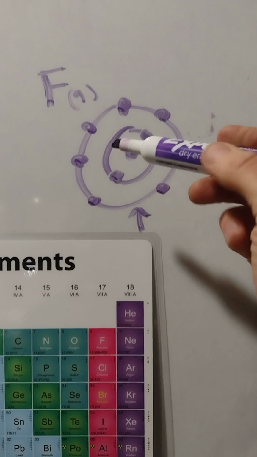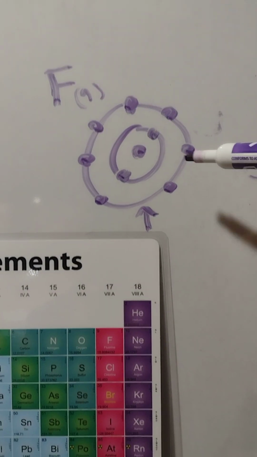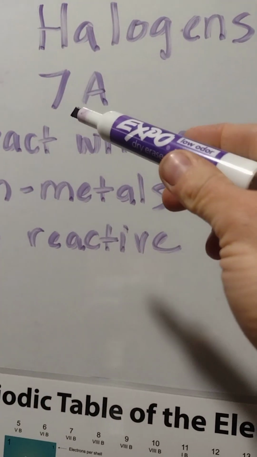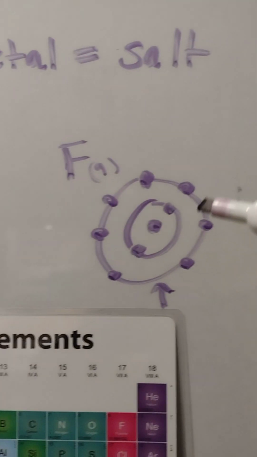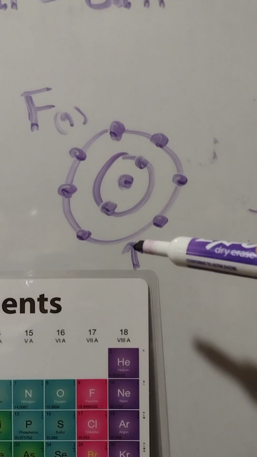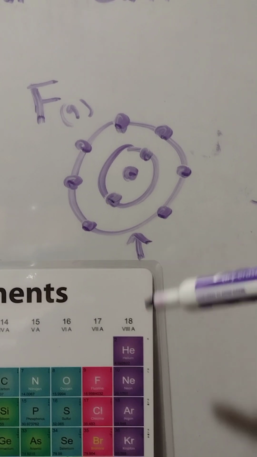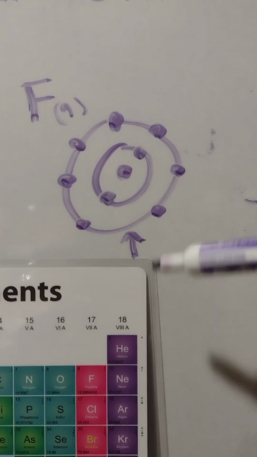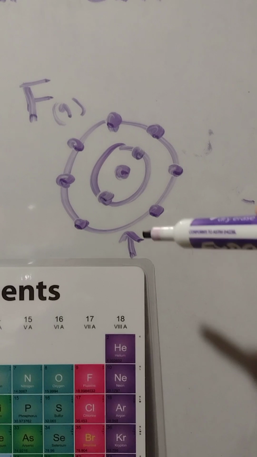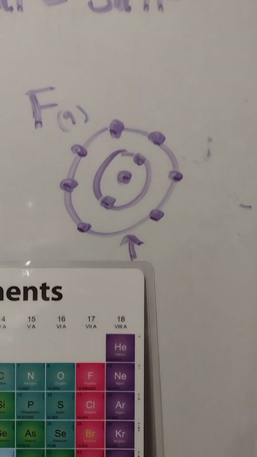Okay, so it's got 1, 2, 3, 4, 5, 6, 7 valence electrons, and because this outer energy level holds 8 electrons, there's that empty space there, and it wants to grab an electron from another atom to fill that space, and so it's very reactive just for that reason.